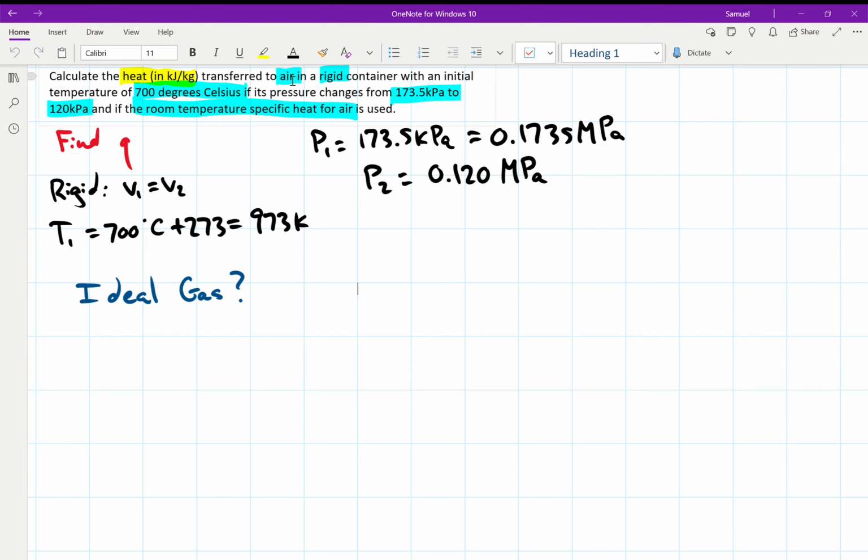So we're going to decide whether we have an ideal gas by comparing our initial temperature with the critical temperature for air. What we want is to see that our temperature is greater than that critical temperature. That needs to be true, and our initial pressure needs to be less than the critical pressure for air.